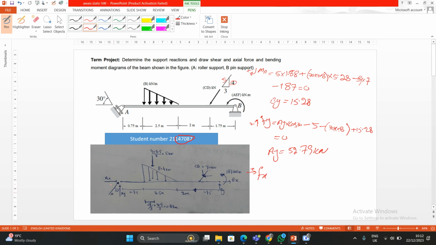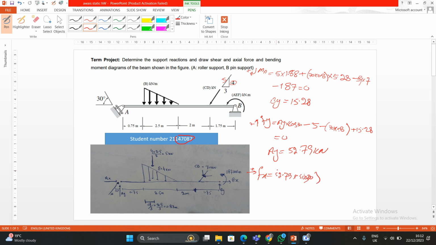Okay, now just find the force in x to the right. So we found Ay, and Ay and Ax are related, just multiply with the angle. So we have 52.79 multiplied by sine of 30.